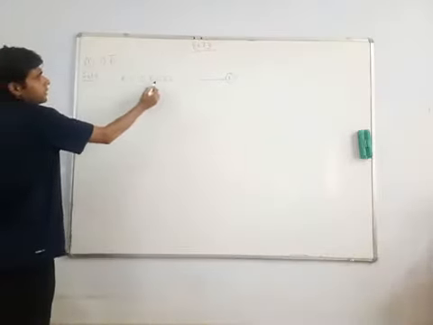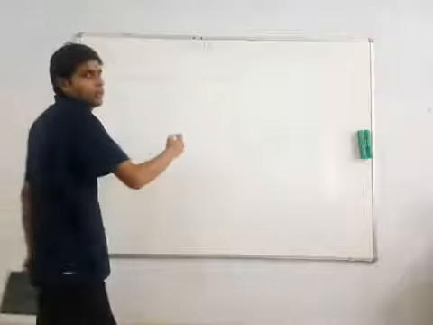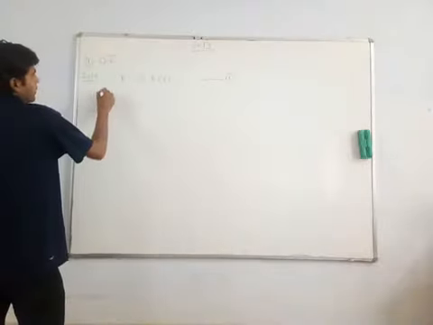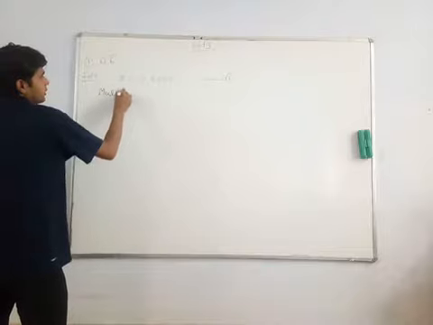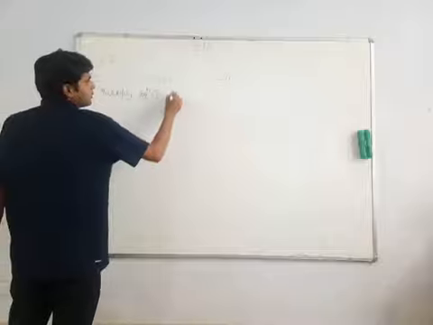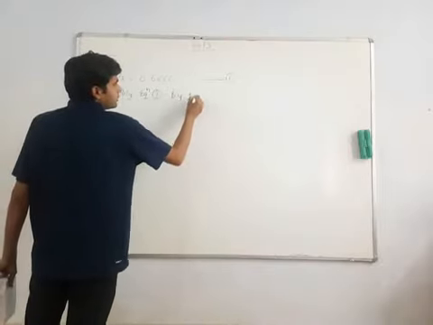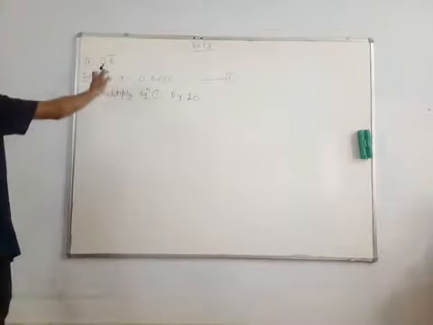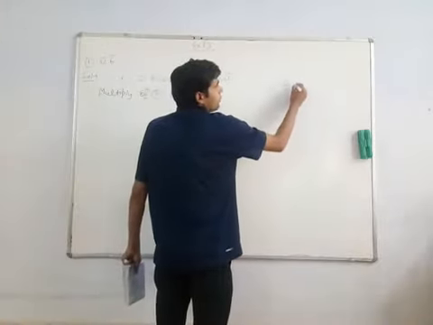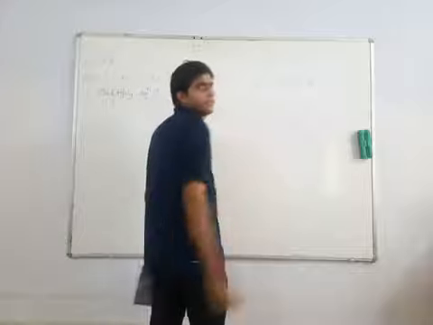0.6 bar means 0.6666 and so on, the 6 repeats again and again. Multiply equation first by 10. Why do we multiply equation first by 10? Because if 1 digit bar is there, multiply by 10.